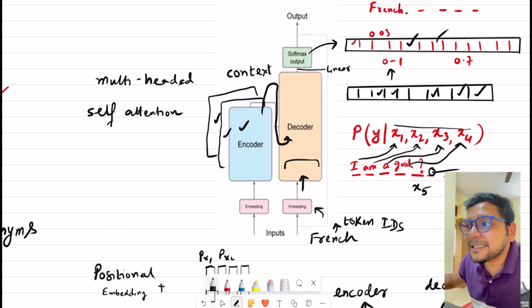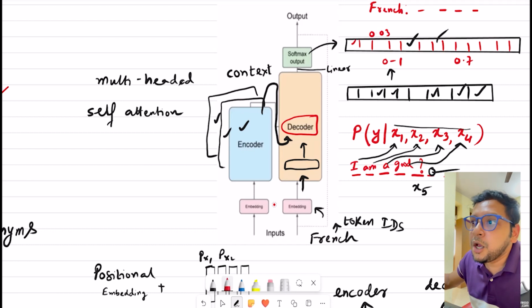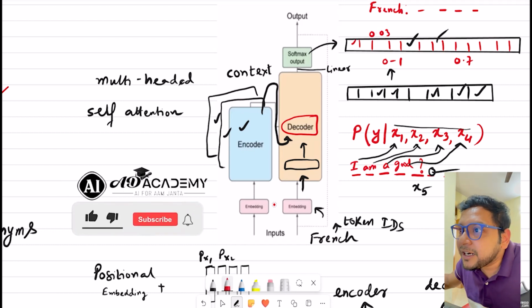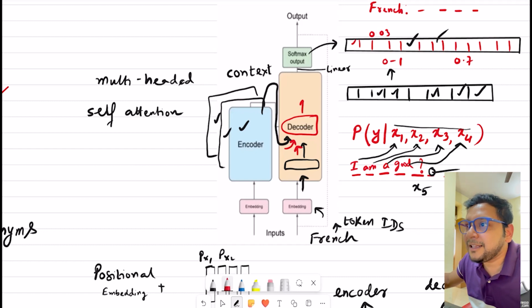The decoder also has self-attention layers, which extract the information, and then it is passed to another layer of self-attention, where this context vector and these French vectors come together, and here the actual conversion takes place.